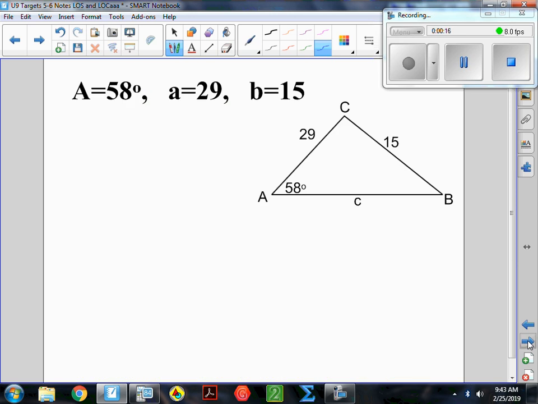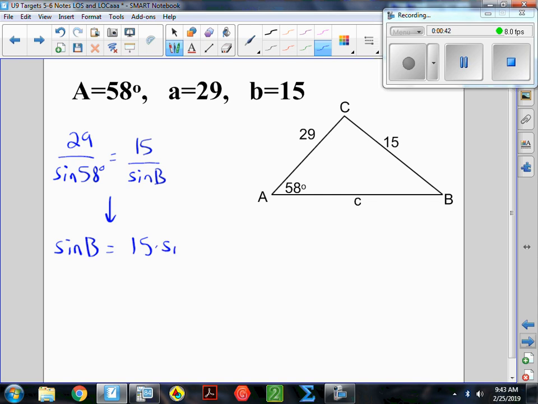We're going to go through the law of sines, setting up, and we're going to solve for angle B because we have both A's and we have side B. So 29 divided by sine of 58 degrees is equal to 15 over sine of B. We'll use the law of sines, solve that proportion, and we're going to get sine of B is equal to 15 times sine of 58 degrees divided by 29.